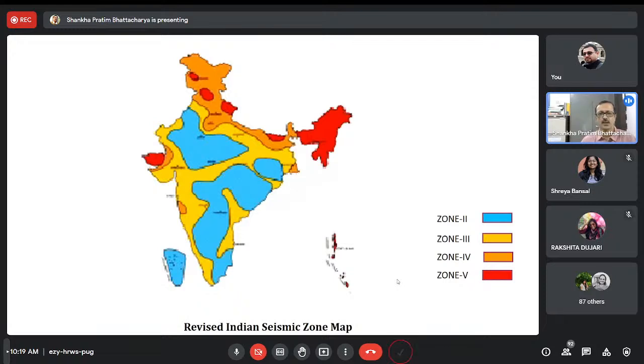We record that, and every 15 or 20 years we revise the seismic zones. Presently, India has 4 seismic zones, zone 2 to zone 5. Before the Bhuj earthquake, there were 5 zones, including zone 1. After the Bhuj earthquake it was revised, and zone 1 and zone 2 were merged together.